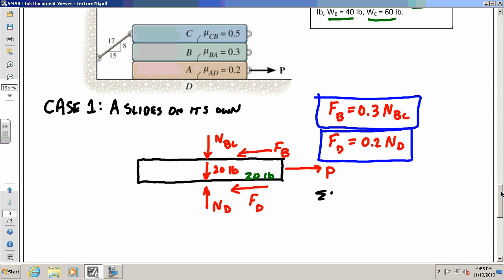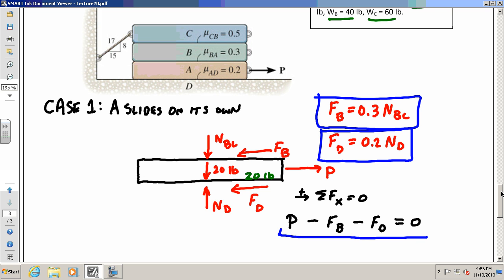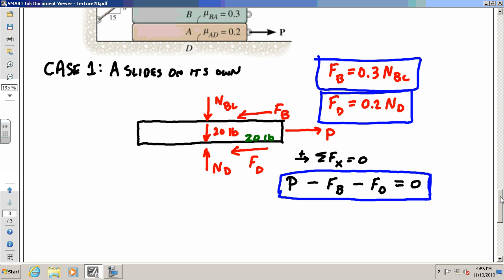Now, help me write this equation. This should be pretty easy. Sum of forces in x equals 0. Let's say right is positive. That's going to be P, and what else is there going to be in the x direction? Yeah, minus FB minus FD equals 0. That's easy. And let's write the other one over here.